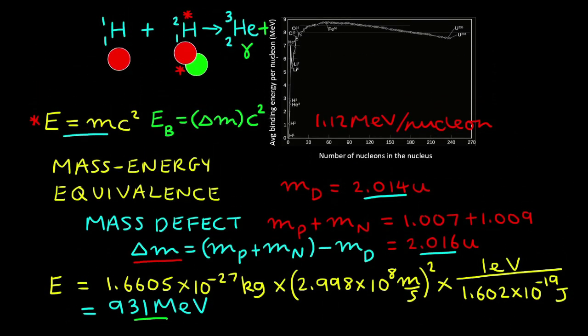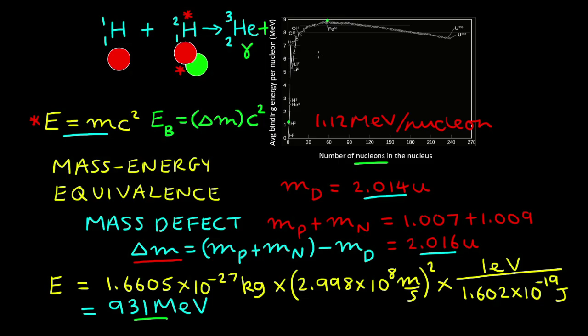So the average binding energy per nucleon, considering the different isotopes, is plotted here versus the number of nucleons in a nucleus. If we look at deuterium, it has an average binding energy close to 1.12 as we calculated.